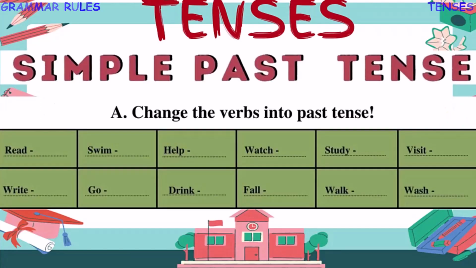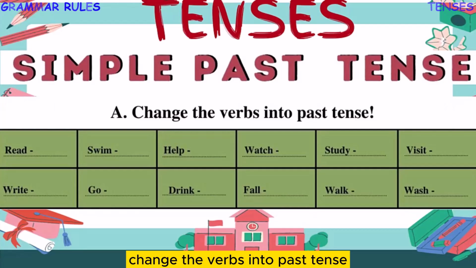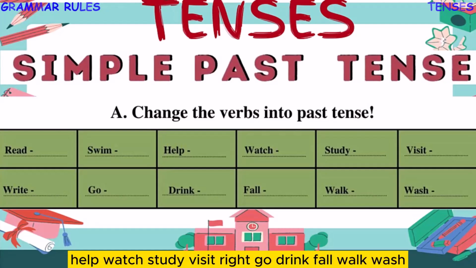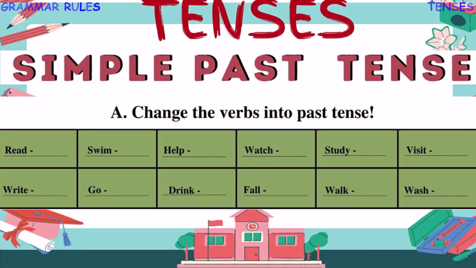Part A. Change the verbs into past tense. Verbs are read, swim, help, watch, study, visit, write, go, drink, fall, walk, wash.